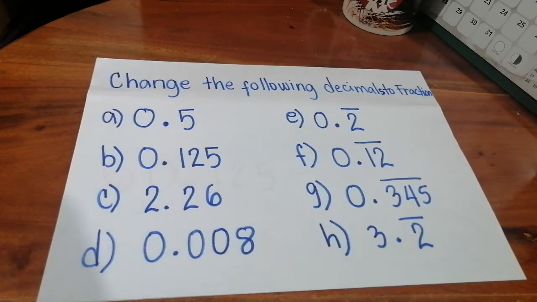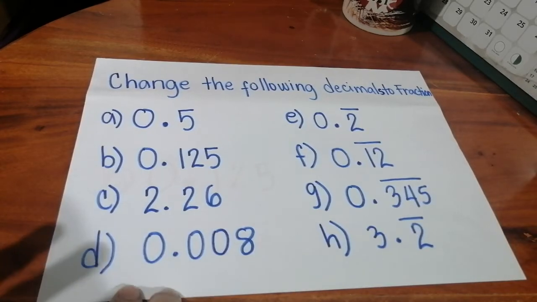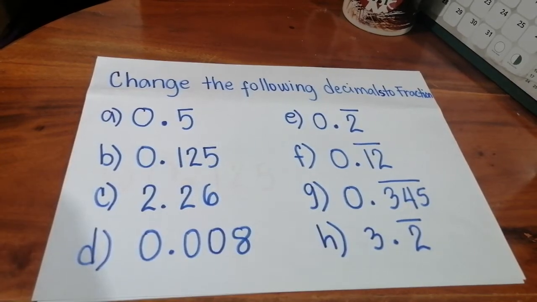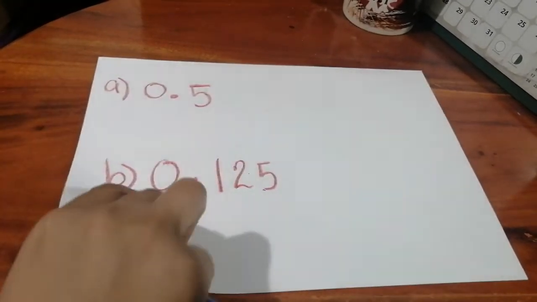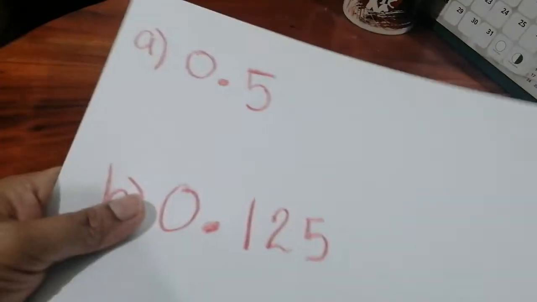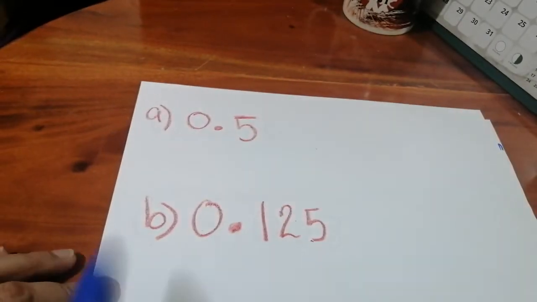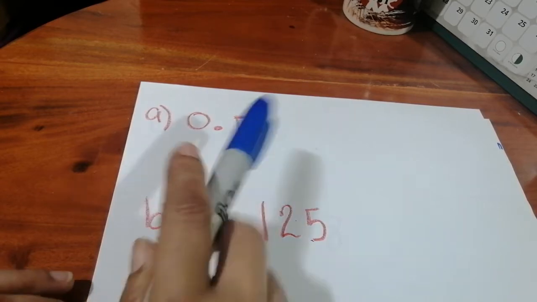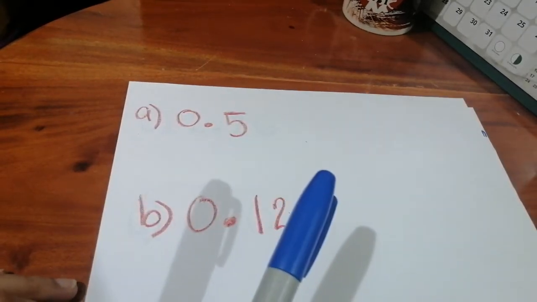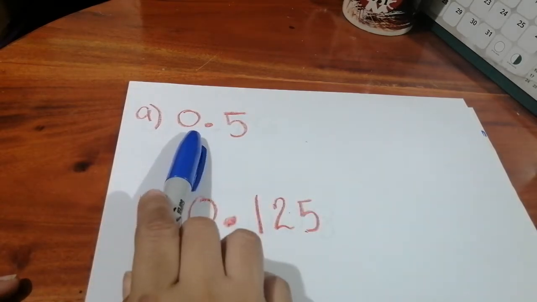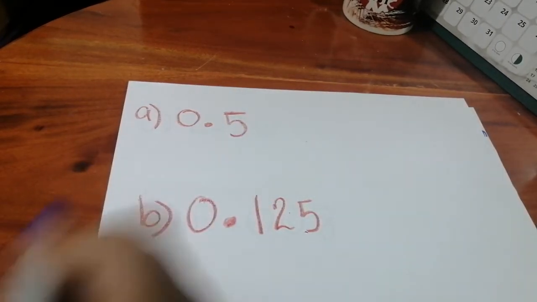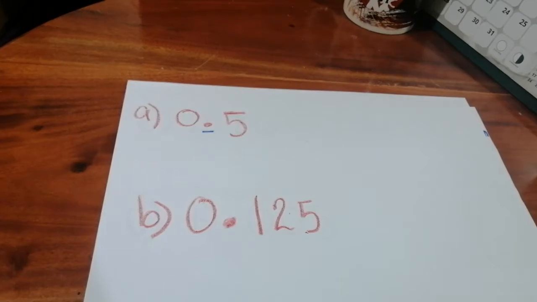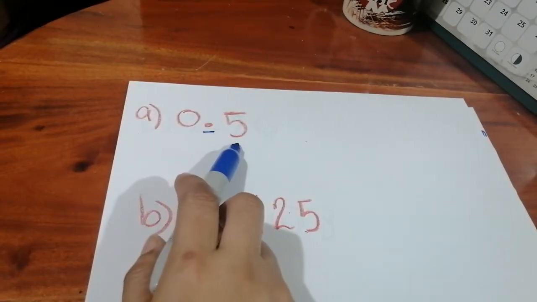To fully understand what I'm saying, let us try to answer the given examples. This one, 0.05. Just like I said earlier, you just need to count the number of digits after the decimal point. So this is the decimal point. How many digits after the decimal point?